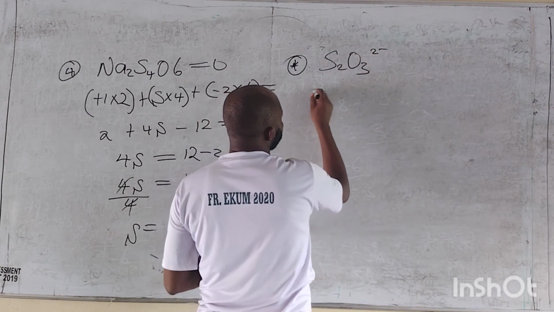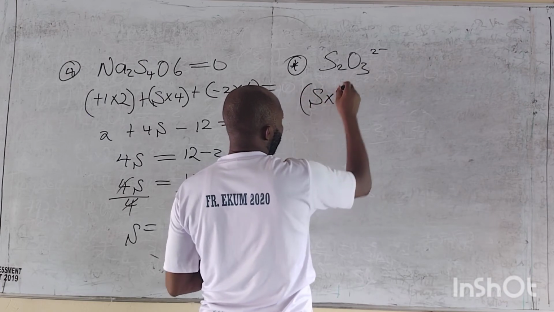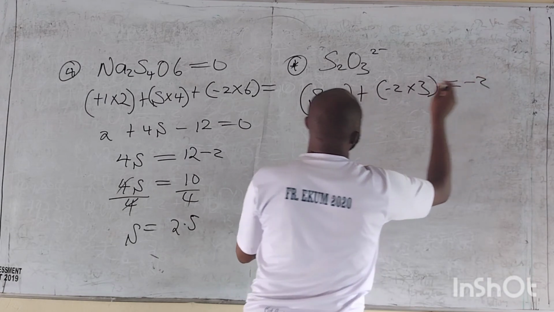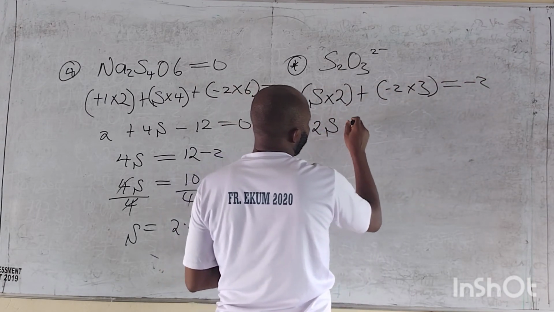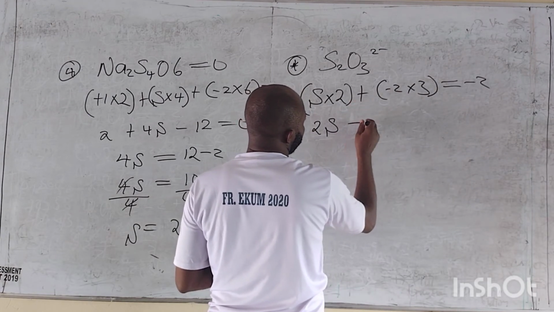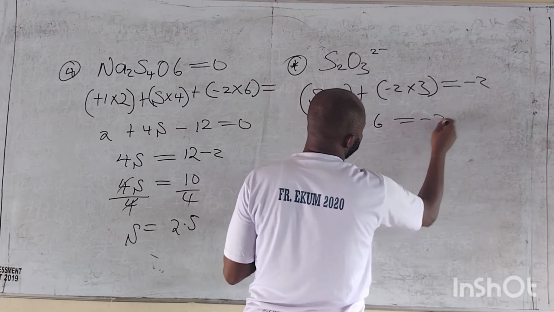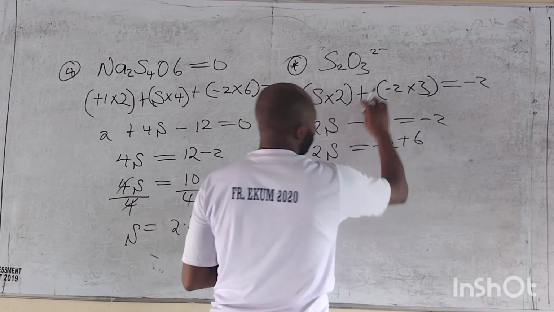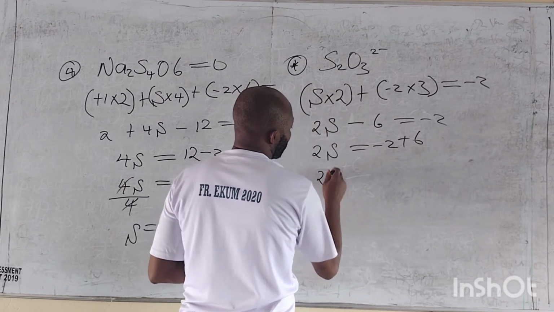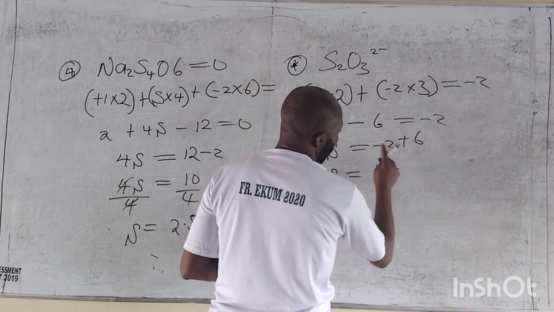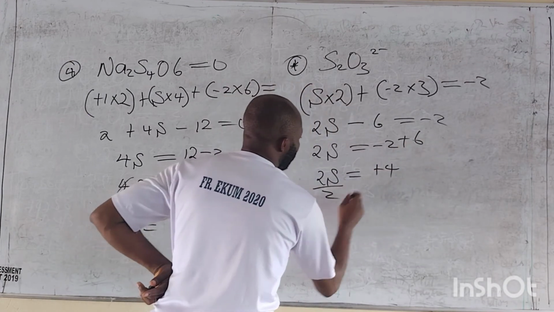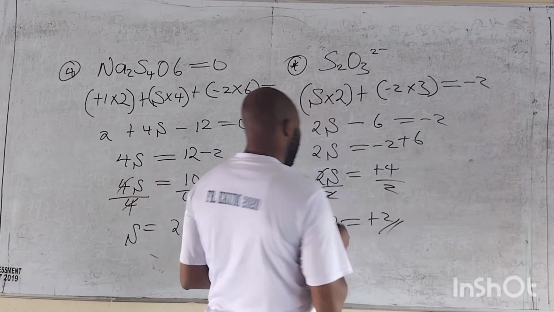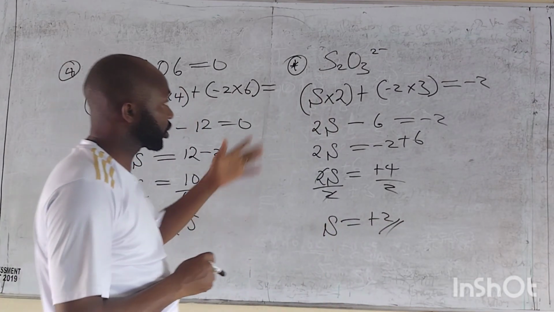So I have sulfur times 2 plus oxygen, which is minus 2 times 3, equal to minus 2. 2 sulfur plus times minus is minus, 2 times 3 is 6, is equal to minus 2. Now 2 sulfur is equal to minus 2 plus 6. When minus 6 crossover becomes plus. 2 sulfur is equal to plus 4. Minus 2 plus 6 is plus 4. Divide both sides by 2. So my sulfur becomes plus 2. So that's the oxidation state of sulfur in that compound.